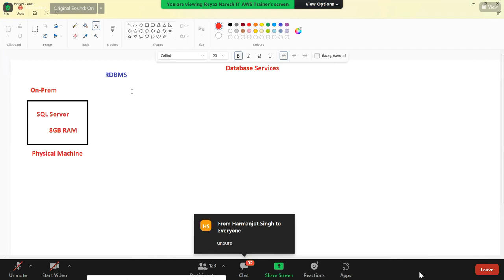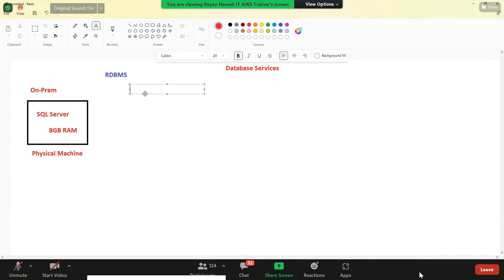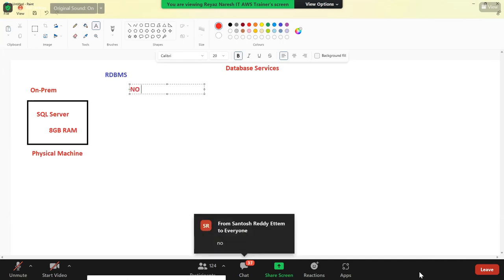Can you tell me what problems you might face if you handle the database server by yourself? Is it easy to set up high availability on an on-premises physical machine? No HA, no elasticity, scalability issues. Can you tell me a few issues?